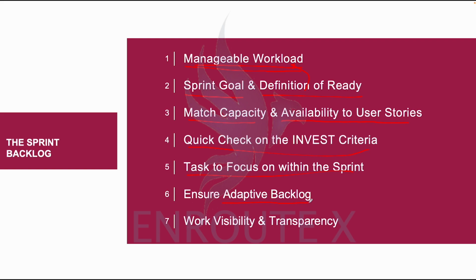Okay. Then of course, you need to ensure that your backlog is adaptive. This is very, very important. Adaptive in the sense that while you're also working, there could be bits of requirements adjustments. I've said again and again in some of the classes that the product owner's role is the middleman between the stakeholders and the development team.